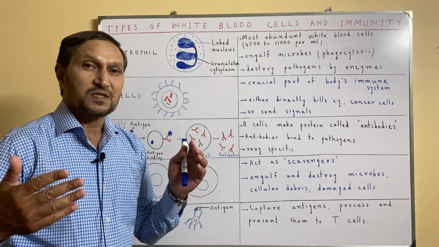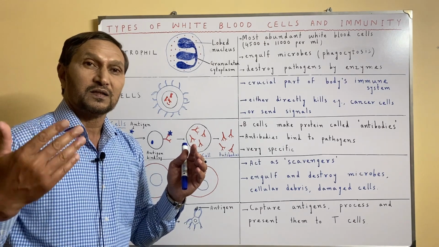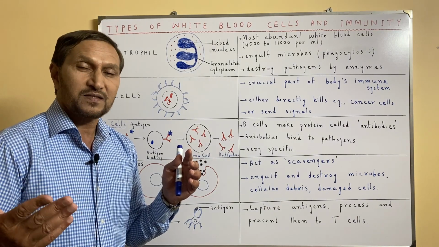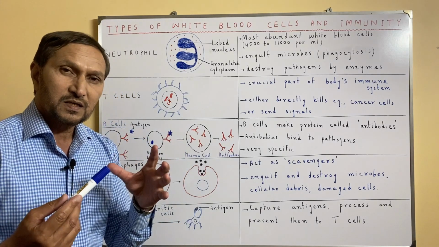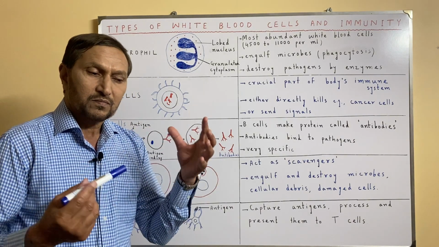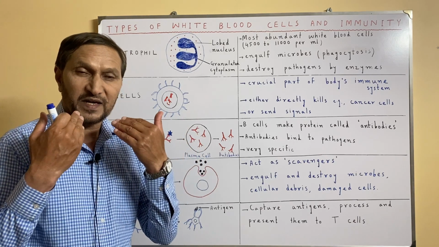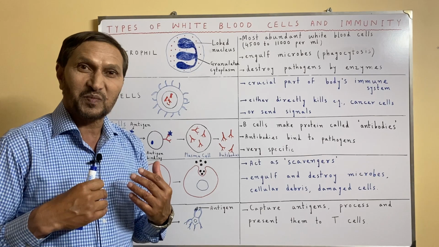These are pathogens, these are antigens. They can be microbes, microorganisms like bacteria, viruses, etc. First of all, there is a mechanical barrier like skin, or cilia in the respiratory system and mucus, or the hydrochloric acid in the stomach.